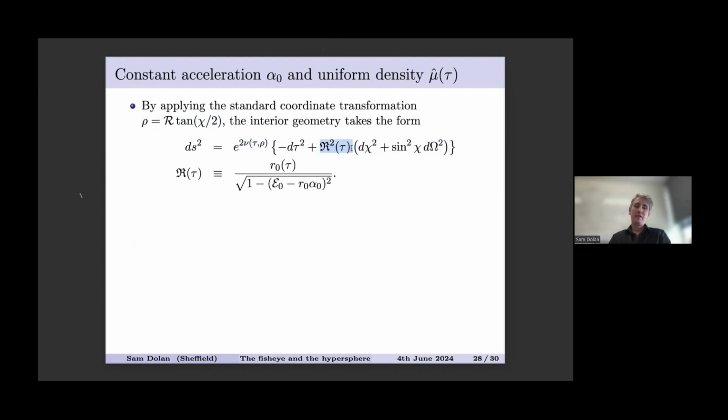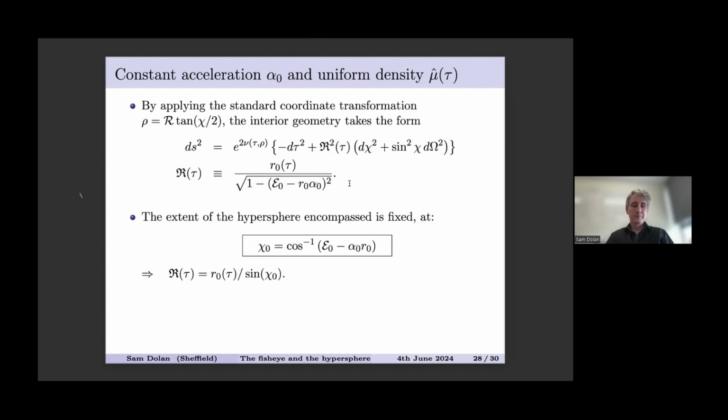Now this effective radius is the Schwarzschild coordinate of the surface of the star divided by this. And if we have constant acceleration on this star, then the extent of the hypersphere is fixed. So chi naught is fixed, and it depends on the energy, acceleration, and radius of the star in this way. And that is a fixed quantity.